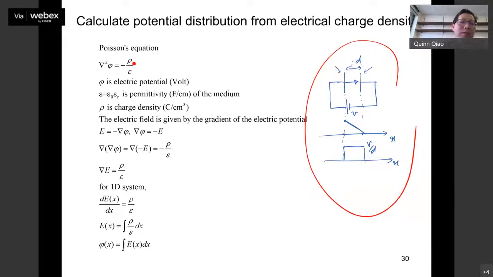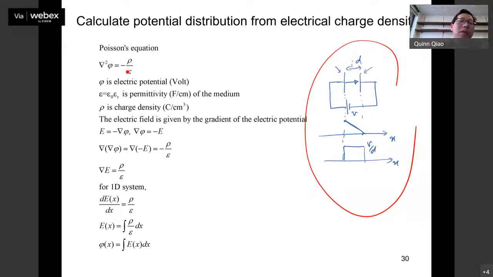Poisson's equation basically tells you that if you take the second derivative of this potential or energy, here is actually the potential, here's the energy, and you take the second gradient of this energy or potential, the potential multiplied by the elementary charge e is energy, so it's a similar thing.